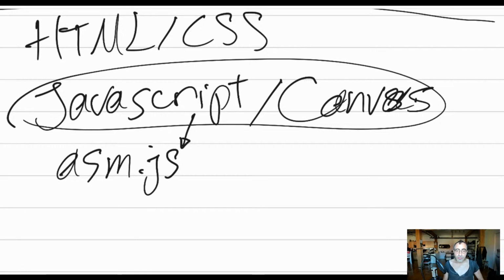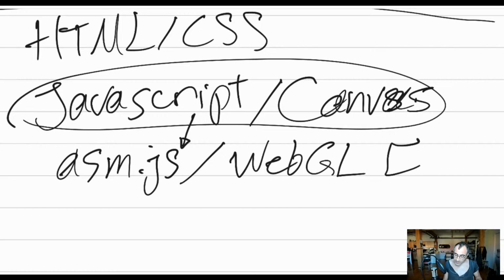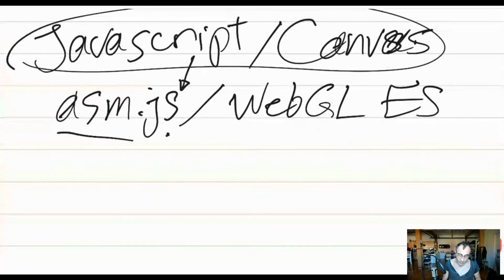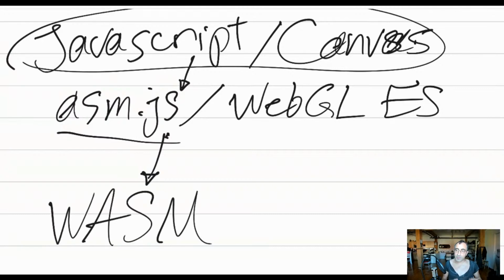And then eventually, asm.js with WebGL had programmability at the CPU and the GPU level. And then it also made the leap, and people said, hey, it's stupid that we are using JavaScript to ship basically what should be an assembly language. So WebAssembly was designed as a portable assembly language.